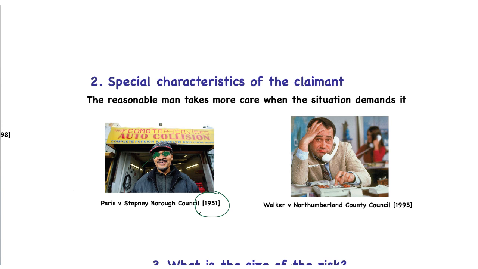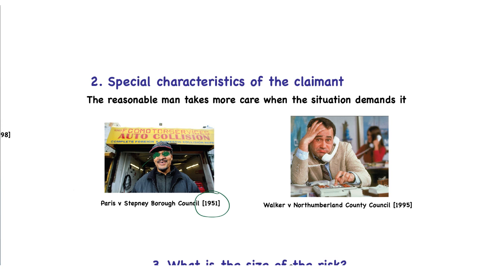So the defendant said, we have not breached our standards of care because we have done what everybody else would do. We don't provide goggles. The industry does not provide goggles. The court said the defendants owed a higher standard of care to the claimant because they knew that an injury to his good eye would cause him much more serious consequences than the same injury to a worker with two good eyes.